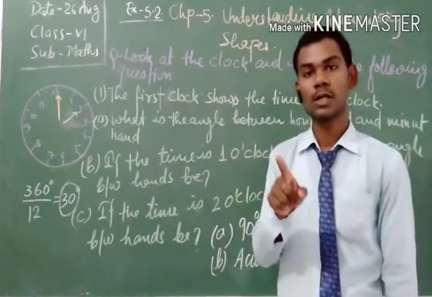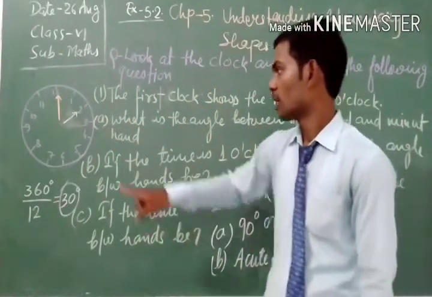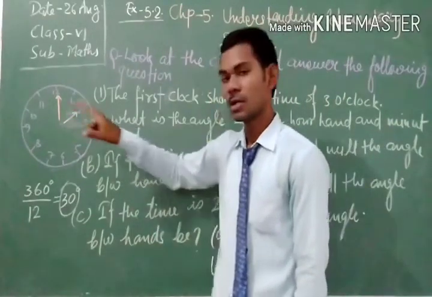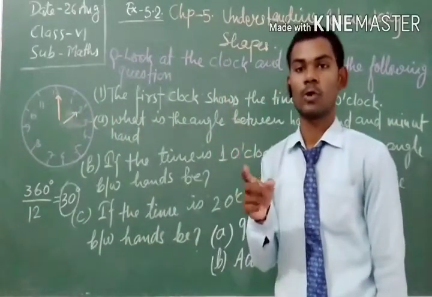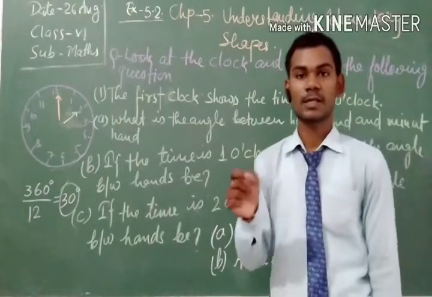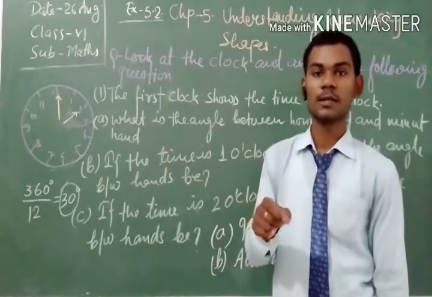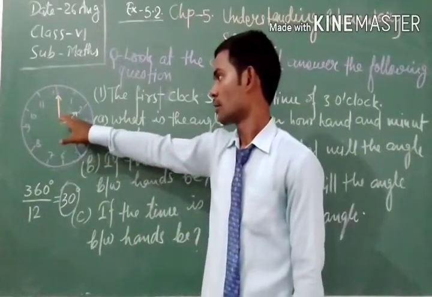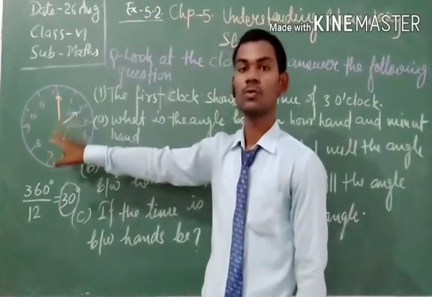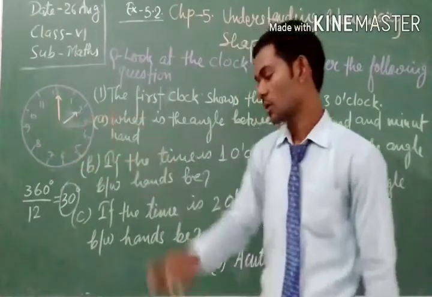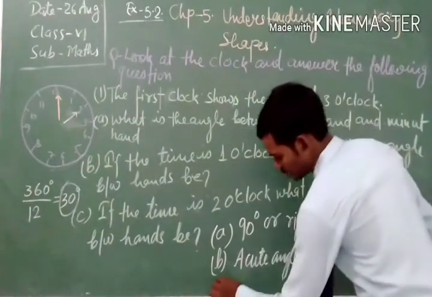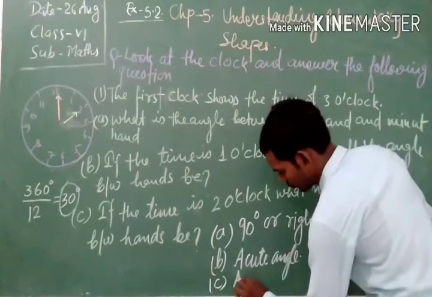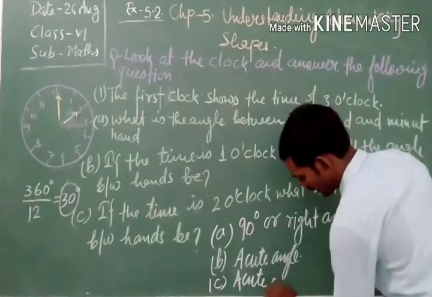In one part a 30 degree angle is formed, therefore in two parts a 60 degree angle is formed, and 60 degrees is greater than 0 degrees but less than 90 degrees. That is why the angle between the hands when the time is 2 o'clock will be an acute angle. So our last answer will also be an acute angle.